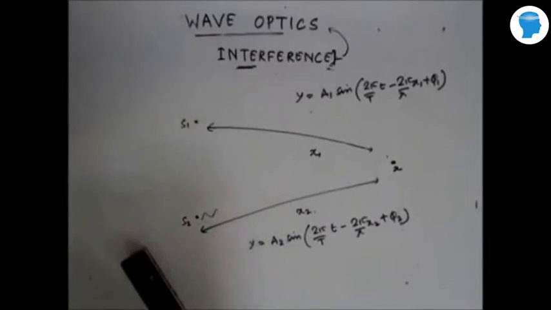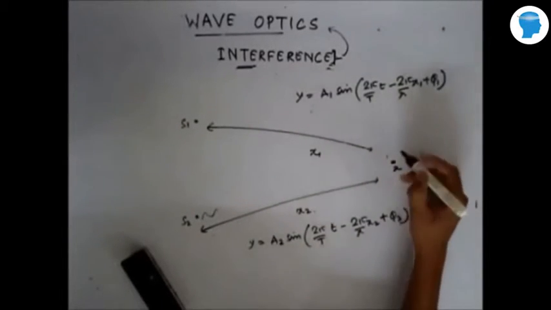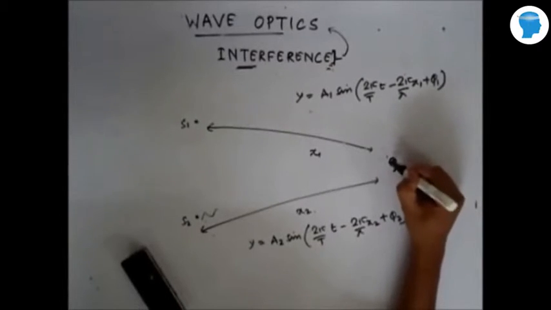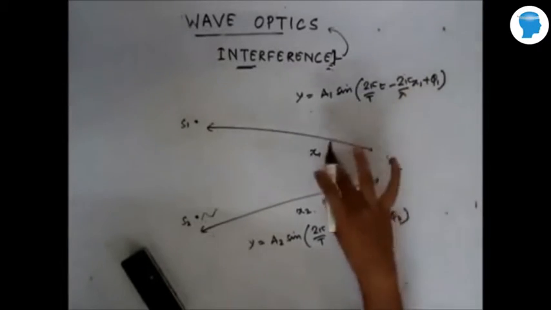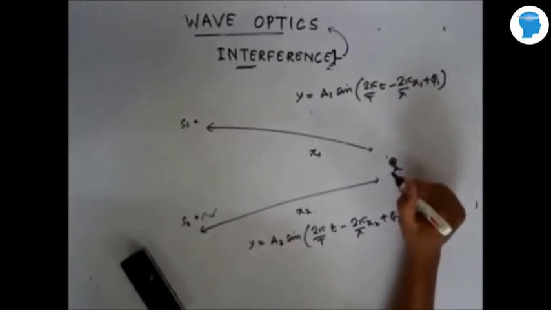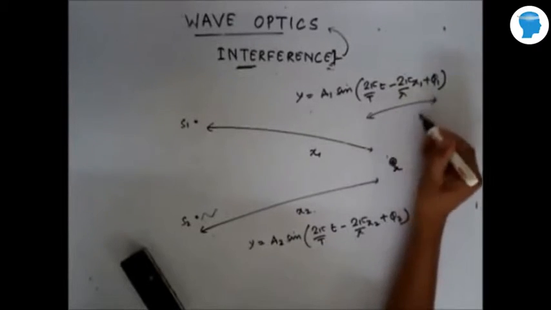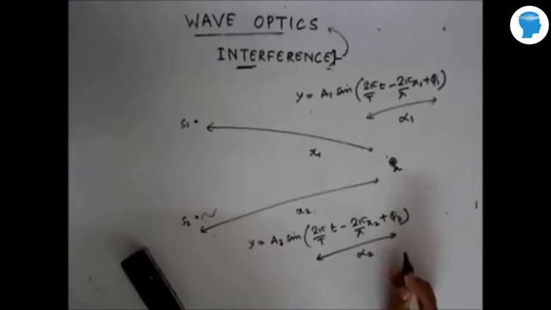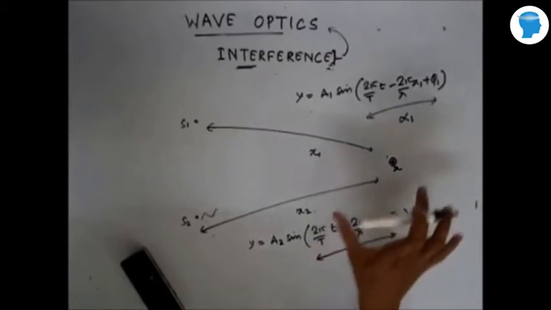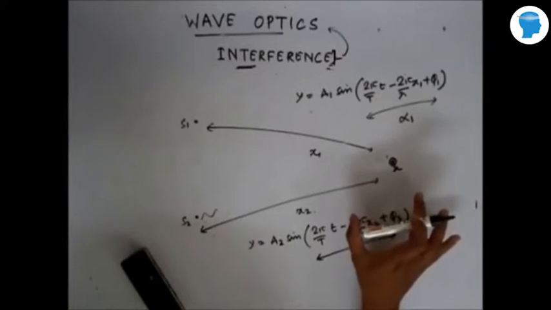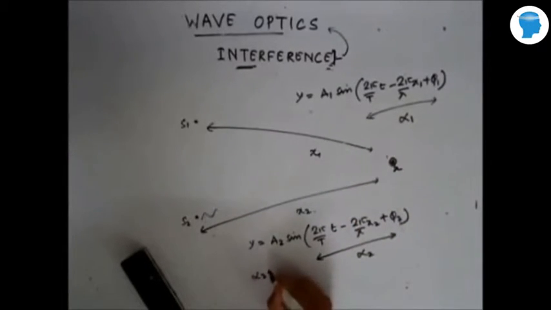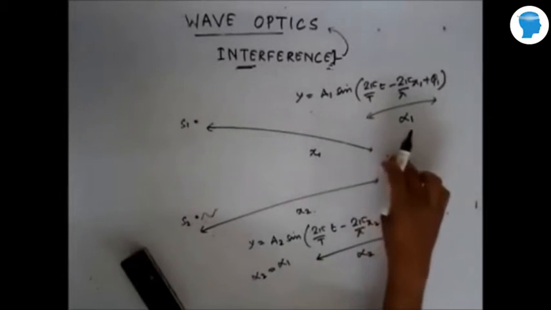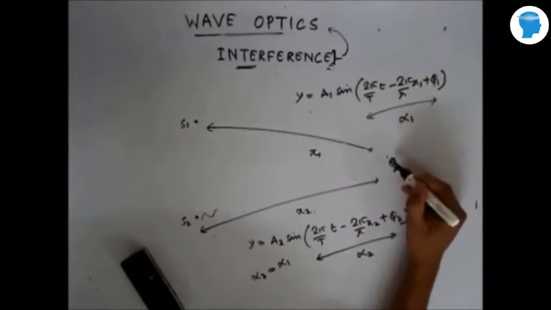Now, if I say that these two waves arrive in phase at this point, that means this angle, let's say alpha 1, and this angle, let's say alpha 2, are always the same. Is it? Is alpha 2 always equal to alpha 1 when I say the two waves always arrive at this point in phase?